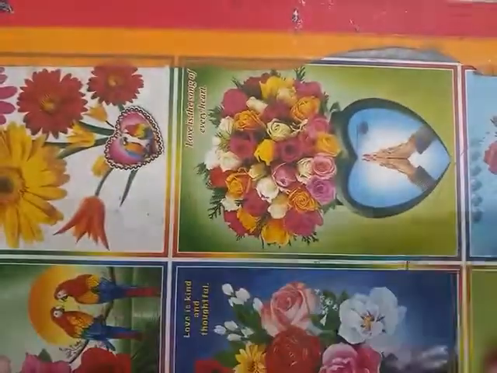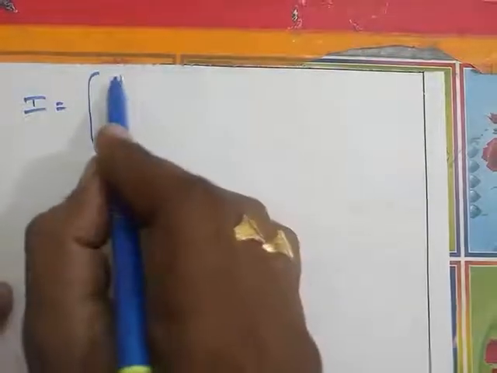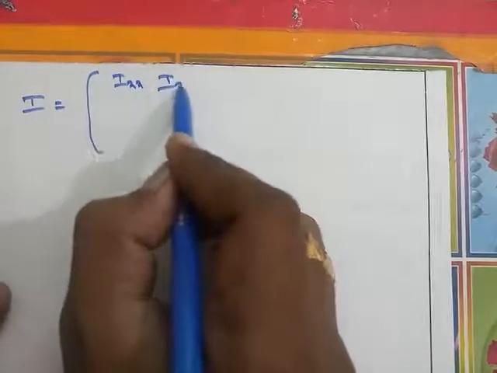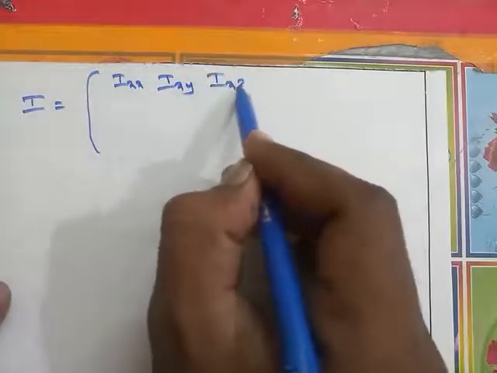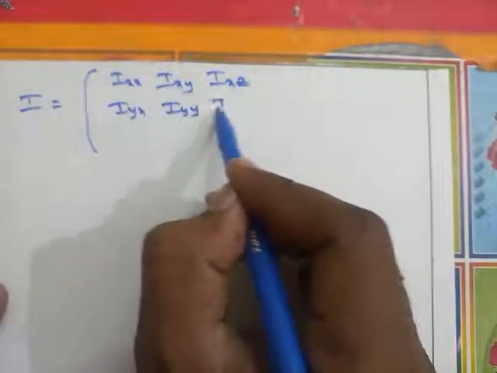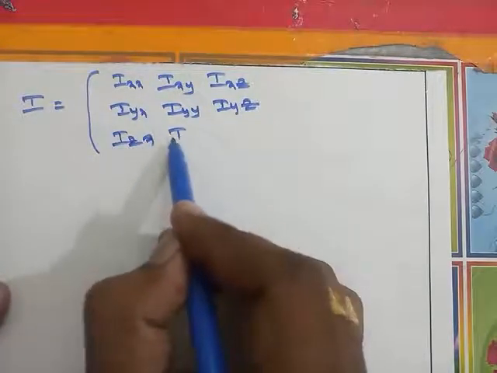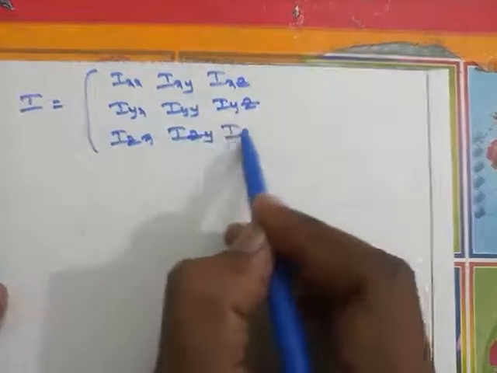See what we get if we substitute in the matrix. Here you know that the inertia matrix can be written as I equal to, it contains 9 components: Ixx, Ixy, Ixz, Iyx, Iyy, Iyz, and Izx, Izy, Izz.